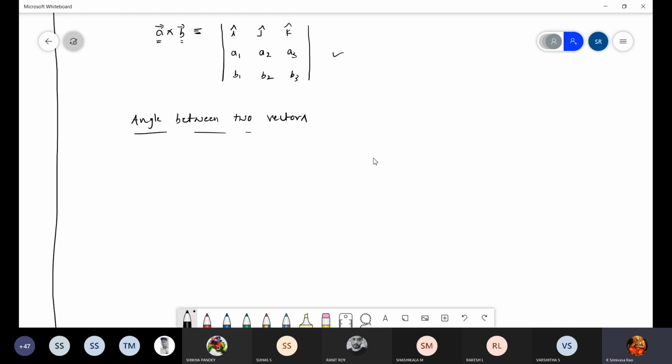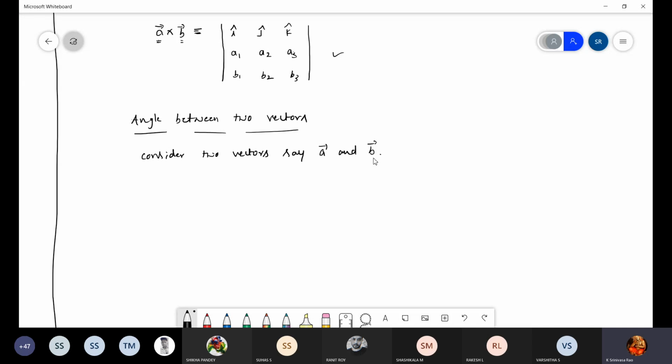Take down. Consider two vectors, say A and B.